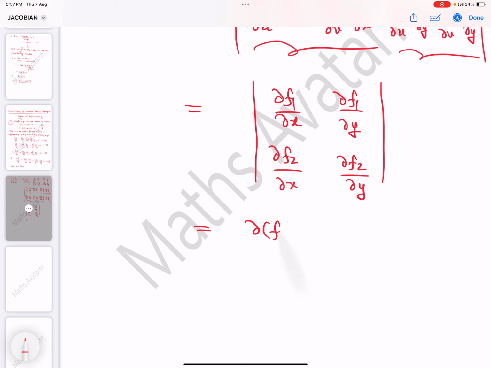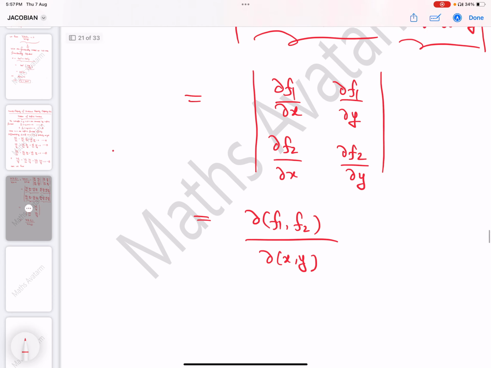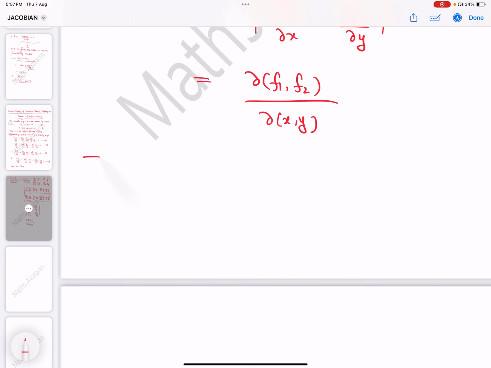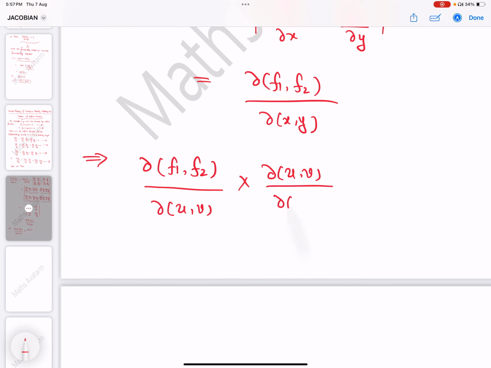This is just the Jacobian of f1, f2 with respect to x, y. So we got: the Jacobian of f1, f2 with respect to u, v multiplied by the Jacobian of u, v with respect to x, y is equal to the Jacobian of f1, f2 with respect to x, y.